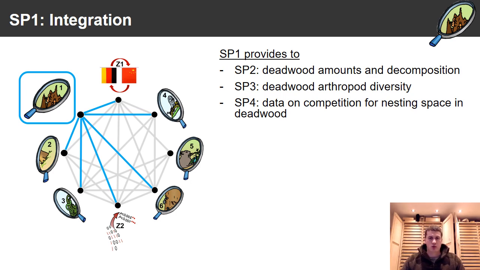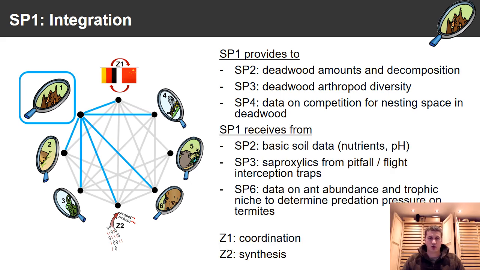SP1, which is our proposed project, will provide deadwood amount data to SP2 and deadwood arthropod diversity data to SP3. To SP4, we will deliver data on the competition for nesting space in deadwood. We will utilize basic soil data from SP2 and saproxylic community data from pitfalls and flight interception traps from SP3, while we will work in close collaboration with SP6 regarding the ant abundance and trophic niche to determine the predation pressure.